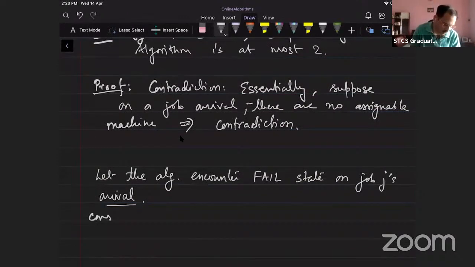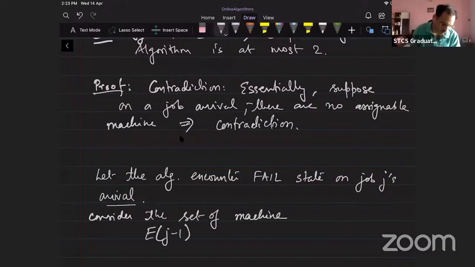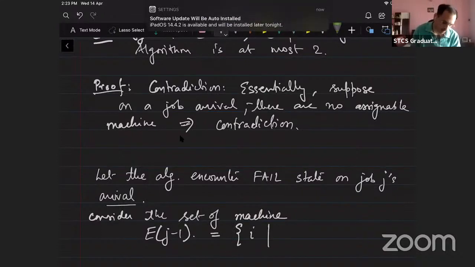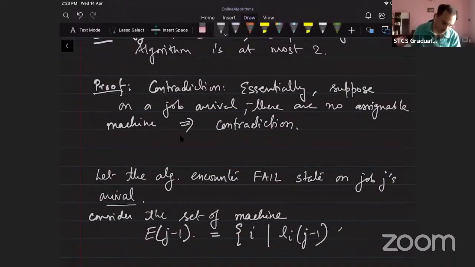Now consider the set of machines E_{J-1}, which is equal to all machines such that L_i(J-1), that is just before the arrival of job J, the load on machine i is at most LOPT, not 2 lambda.